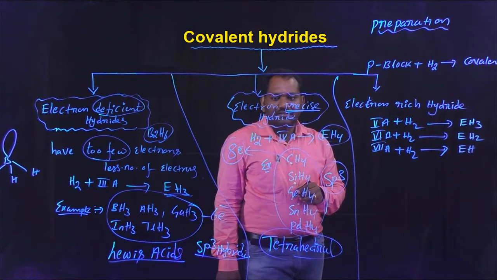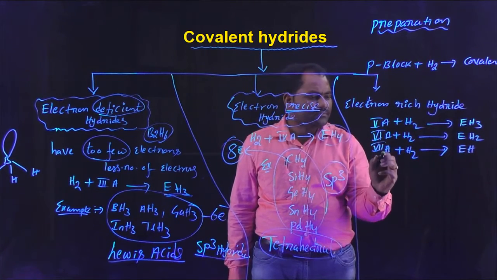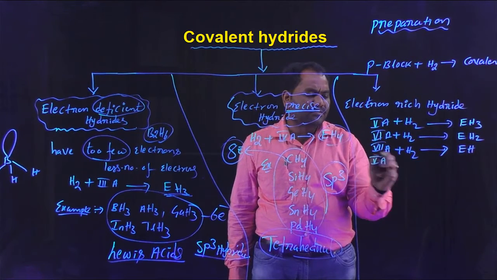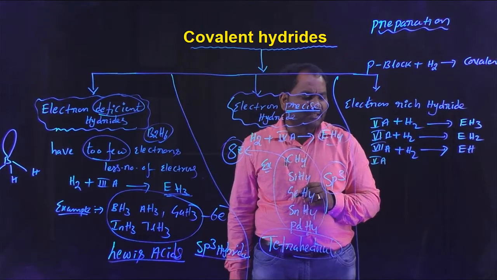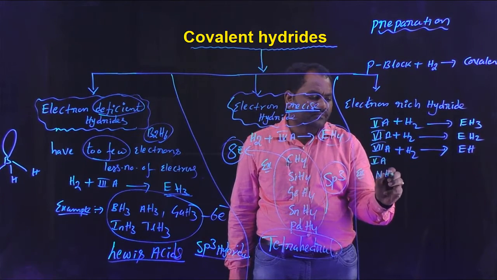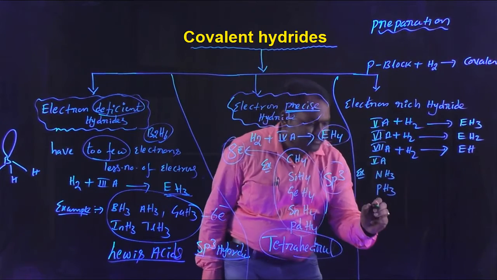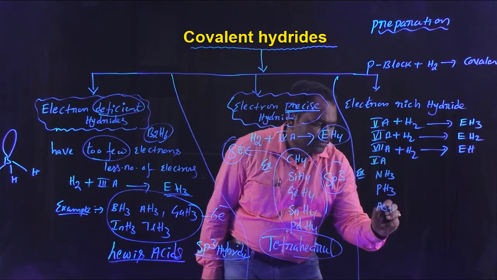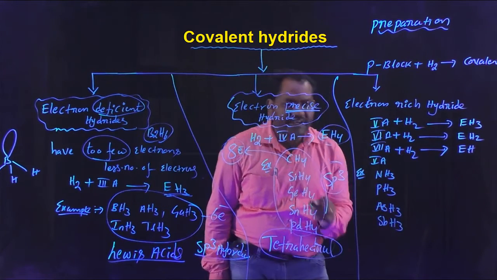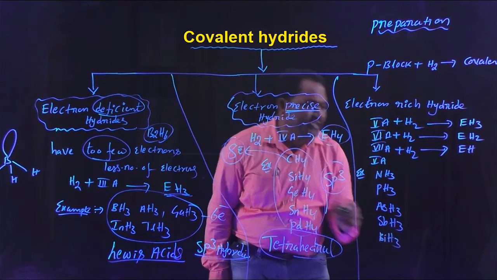Okay, clear? So if you observe the 5th A group hydrides, examples are NH3, PH3, AsH3, SbH3, and bismuth hydride, BiH3.